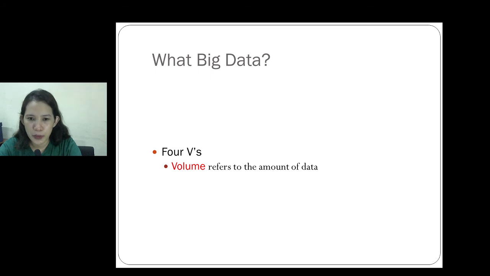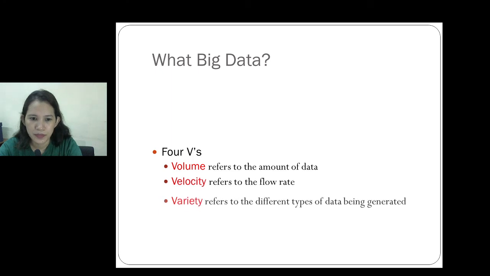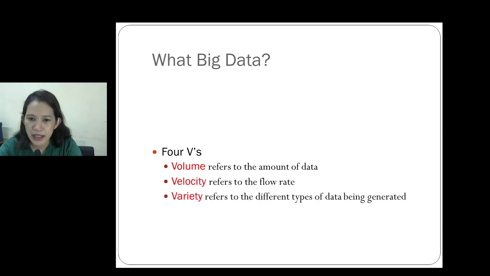The volume, which refers to the amount of data. Velocity refers to the flow rate or the speed at which it is being generated and changed. Variety refers to the different types of data being generated.